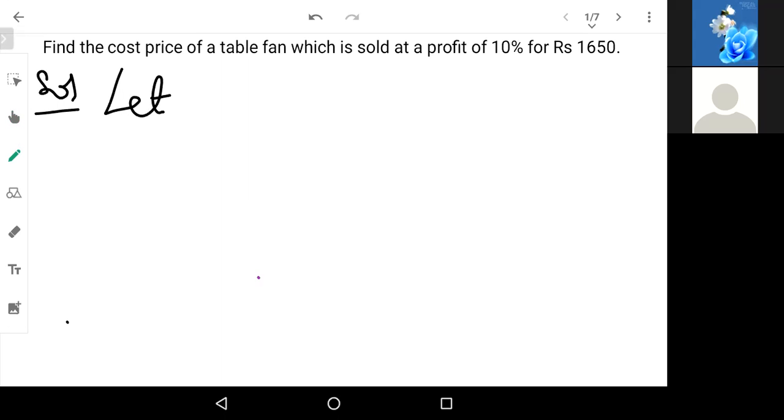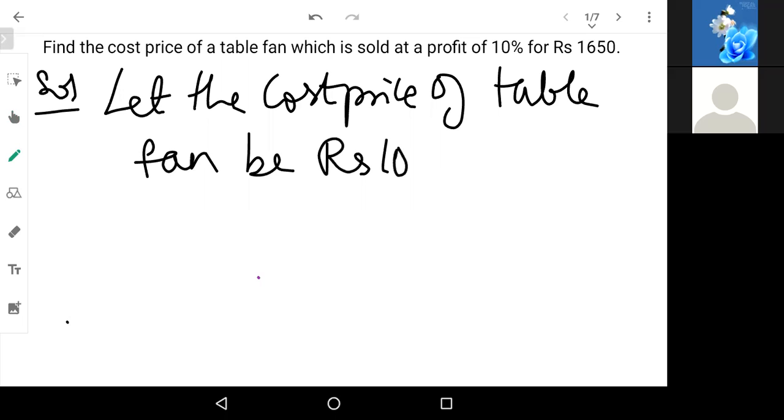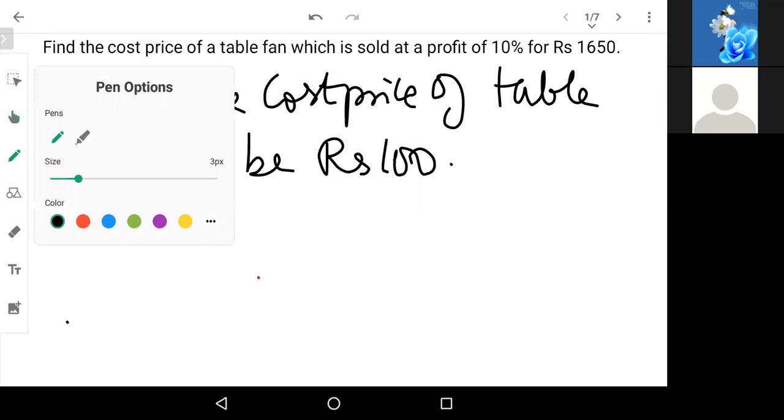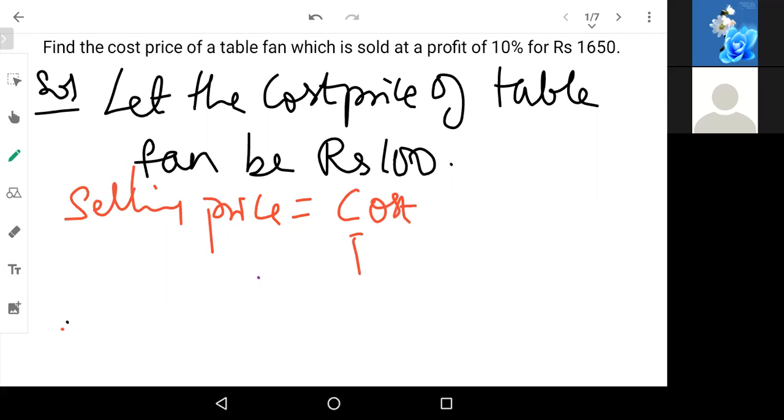Let the cost price of the table fan be rupees 100, since we are doing percentages. Also, we know the formula: selling price is equal to cost price plus profit.